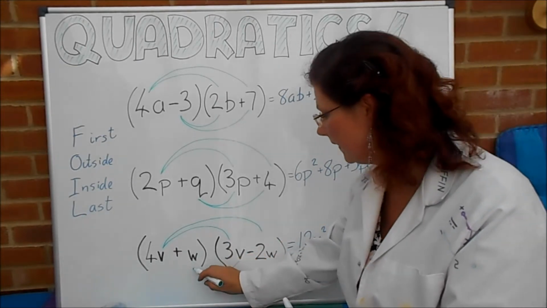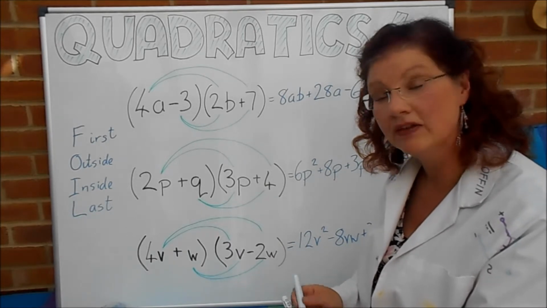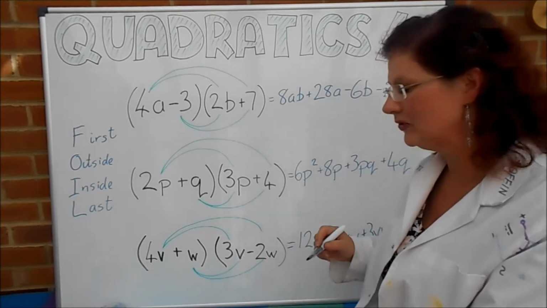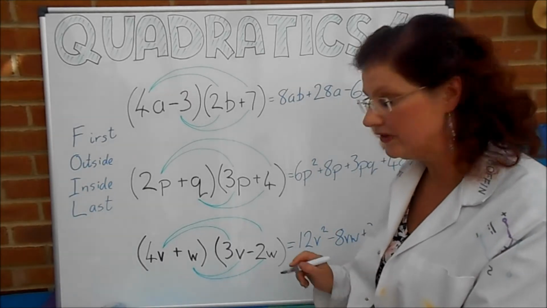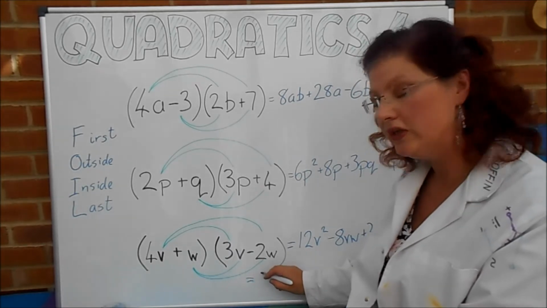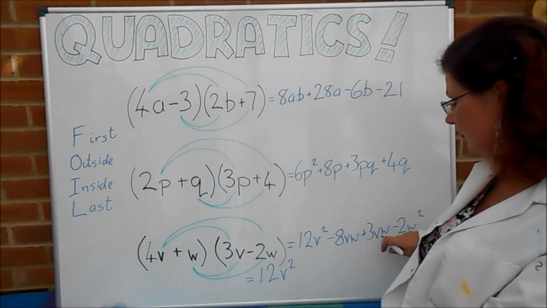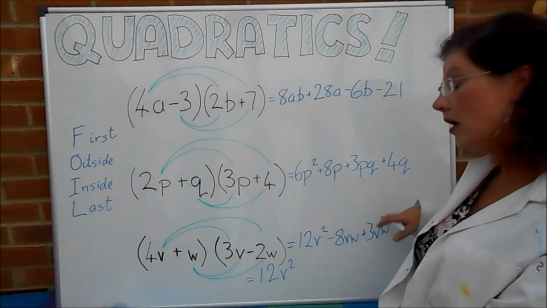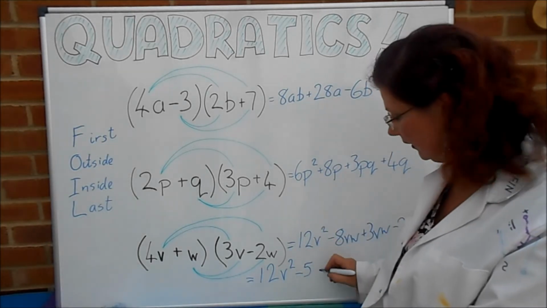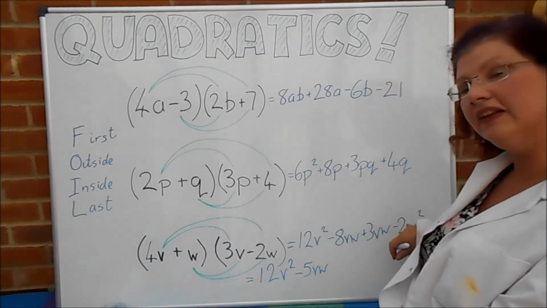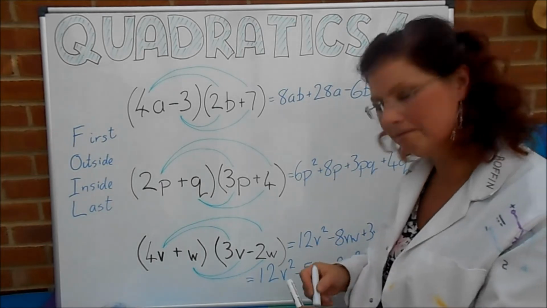And for the last one, a w times a negative 2w, so that's negative 2w squared. So we've got a little bit of simplifying here. All in all, we end up with a 12v squared, and then these two terms combined, we have a negative 8 of them plus 3 of them, so that's negative 5vw. And at the end, our negative 2w squared.